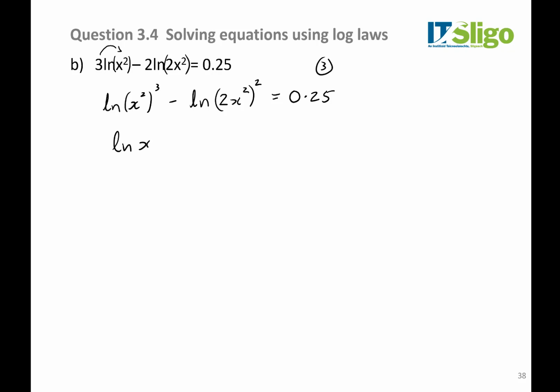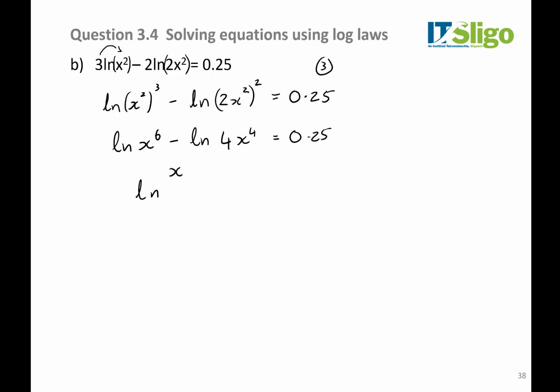Natural log of x. Now again, be careful. 2 by 3, we multiply. Here, guys, both terms get squared. 2 squared is 4. X squared to be squared is x to the power of 4. And now using rule 2, we divide our logs.